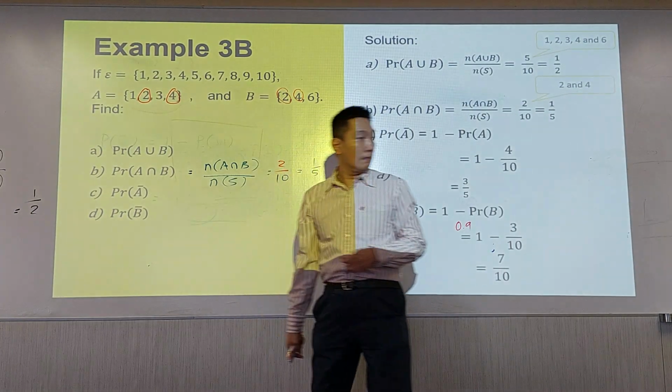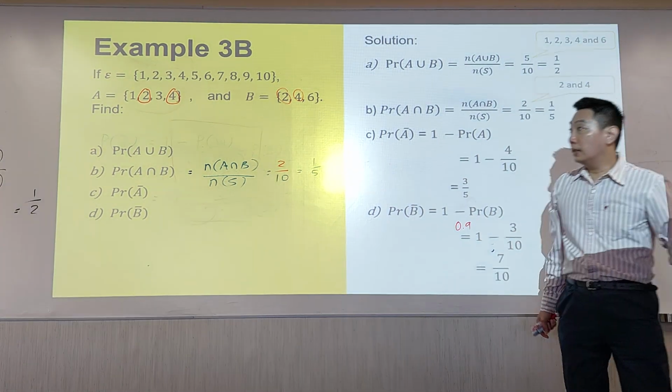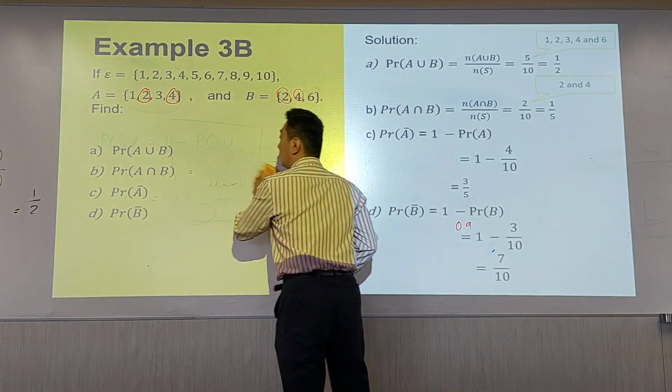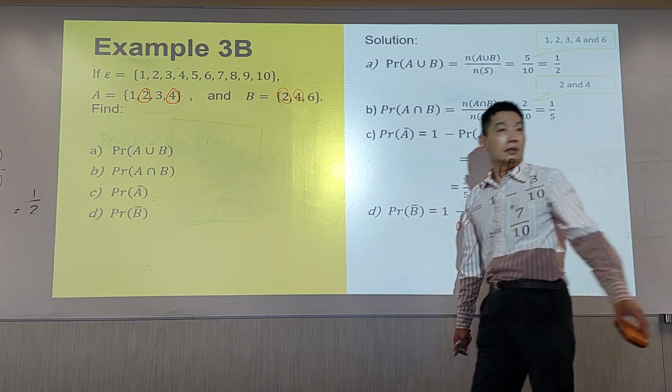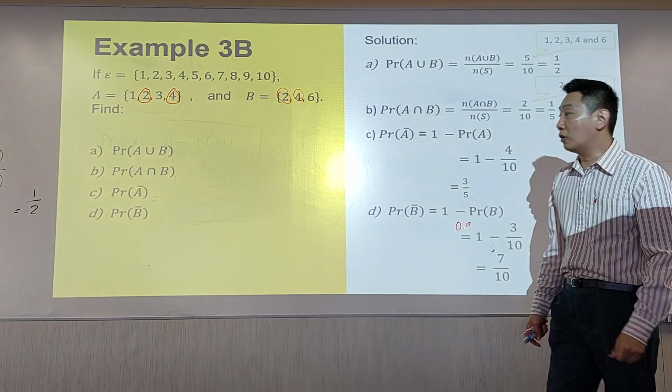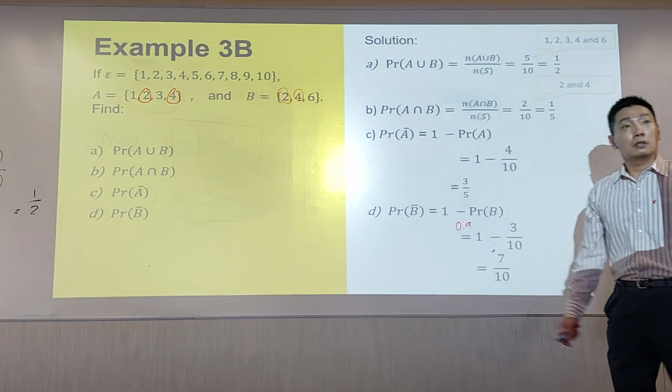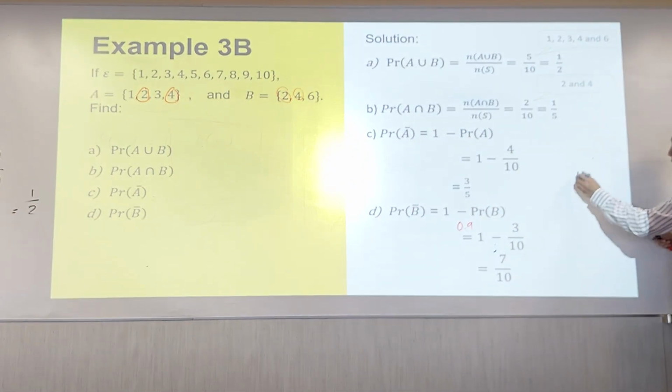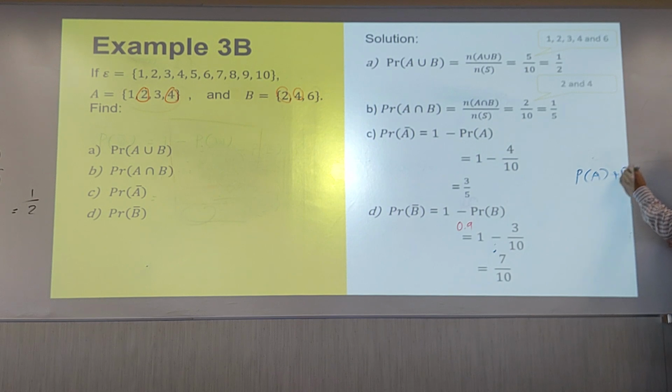C. Probability of non-A. We call this the complement rule. We have to apply the complement rule. We already learned that probability A plus probability non-A is always equal to 1. If you say non-A, first in mind, we apply this formula. Then we transpose it to the right hand side.